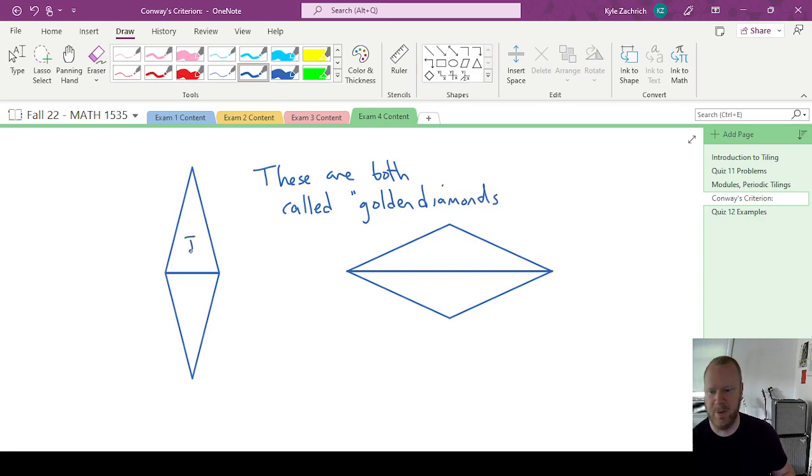So here's a type 1, here's a type 1, here's a type 2, here's a type 2.